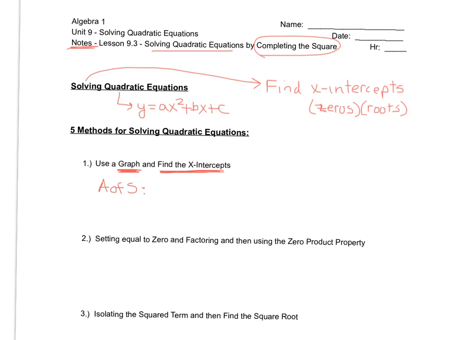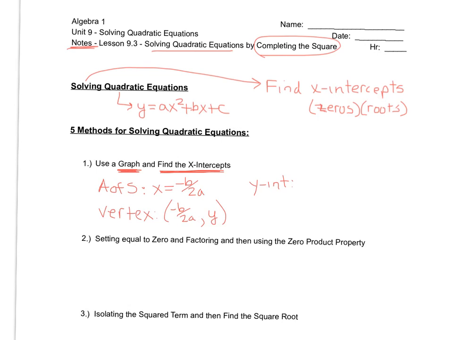And remember that's x equals the opposite of b over 2a. You need the vertex. And remember, you just plug in the opposite of b over 2a. So once you find the opposite of b over 2a, you plug that in, and you'll get a y value. And that's your vertex. You'll need to find the y-intercept.